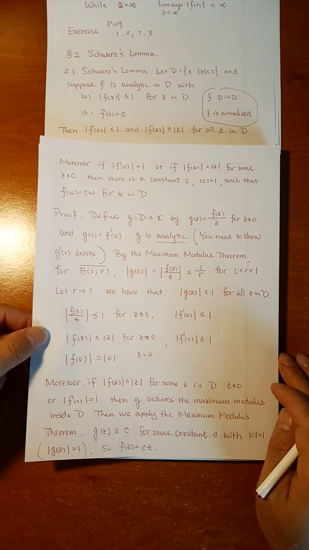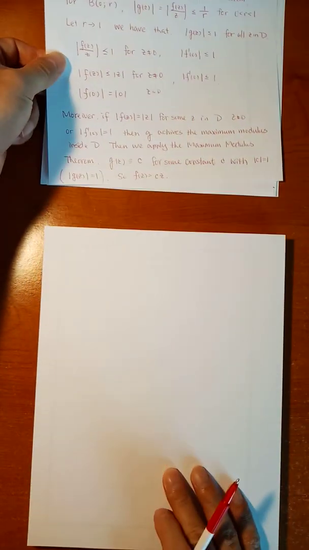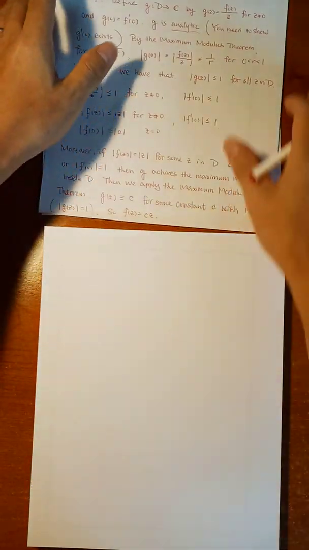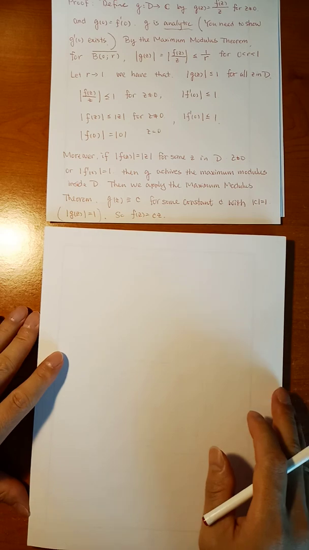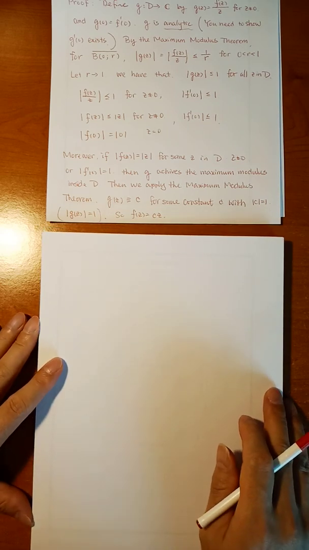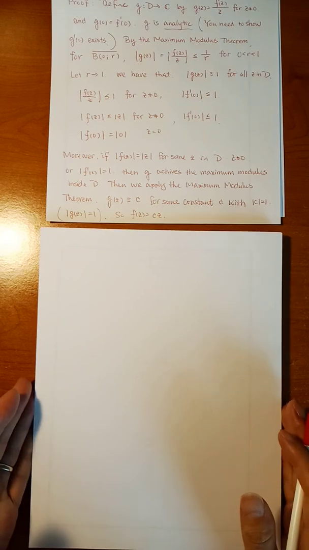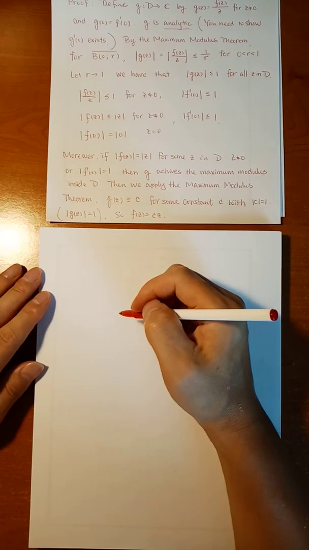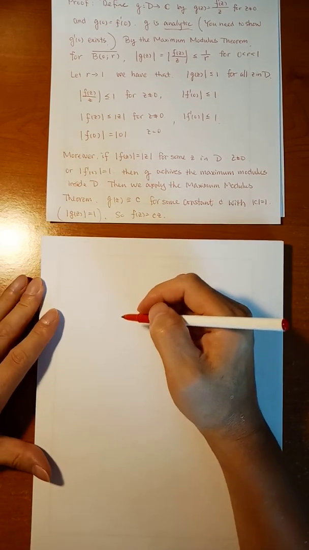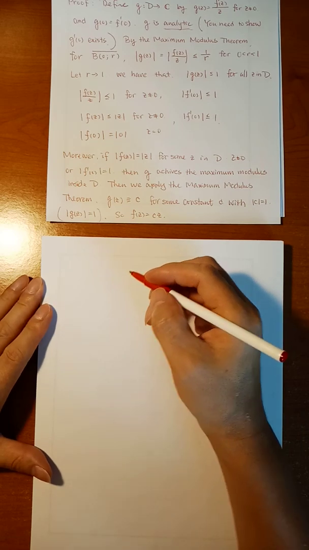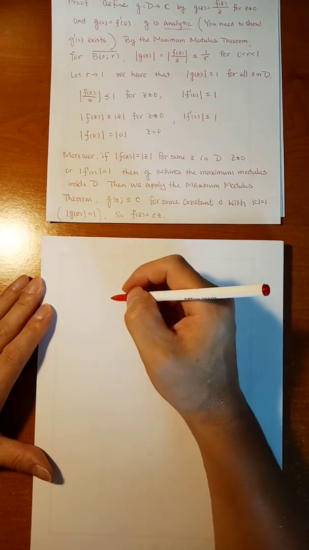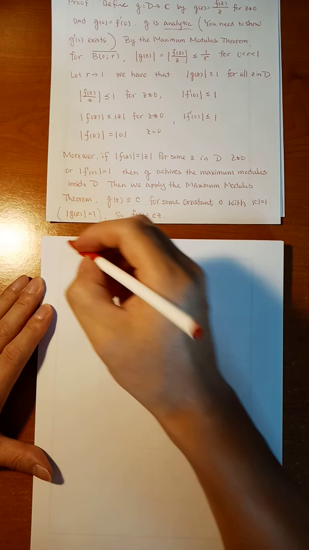Okay, so after we have the Schwarz lemma, we are going to use it to classify some conformal maps. So Schwarz lemma is applied over the open unit disk D. So let's study a class of such analytic functions.